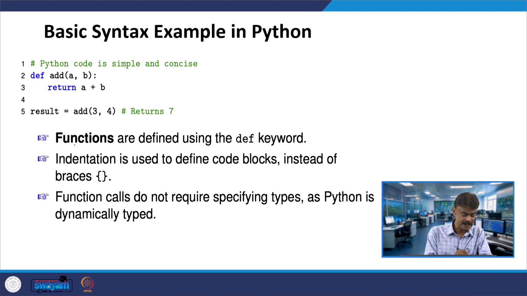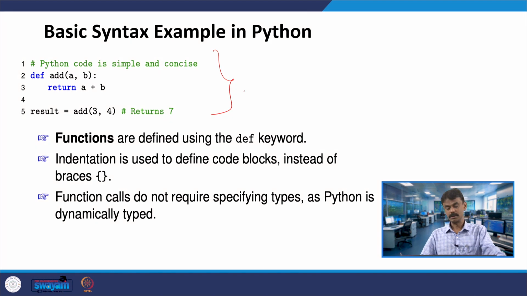Now, in the result you call this function, add 3 comma 4, passing 3 for a and 4 for b. So 3 plus 4 I have to get 7. This is one example we will do in today's class and then I will wind up.